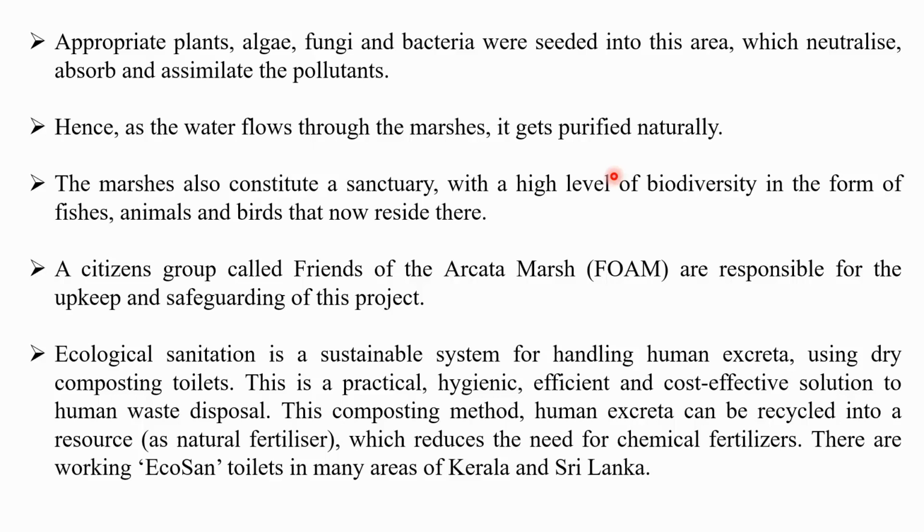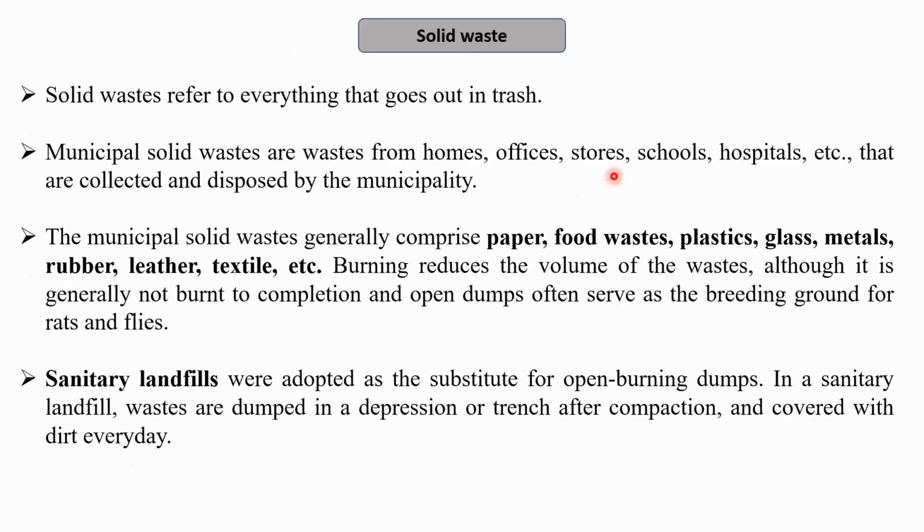Also, it is preventing the wastage of water by using dry composting toilets, where the human excreta can be converted into a natural fertilizer. Working eco-sand toilets have been established in many areas of Kerala and Sri Lanka. The next type of waste is solid waste.